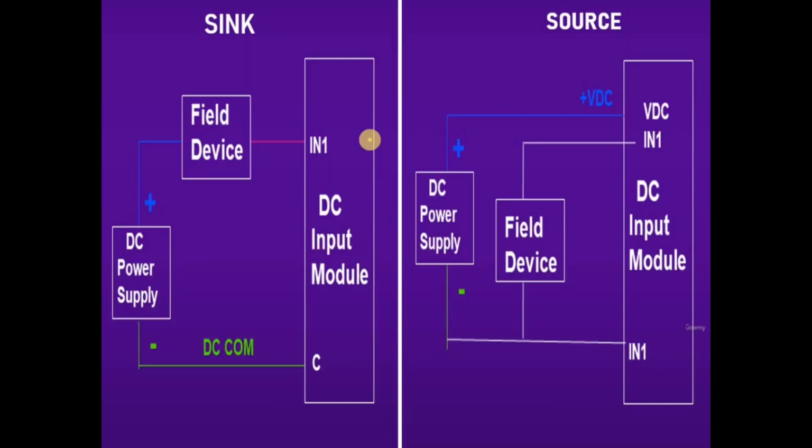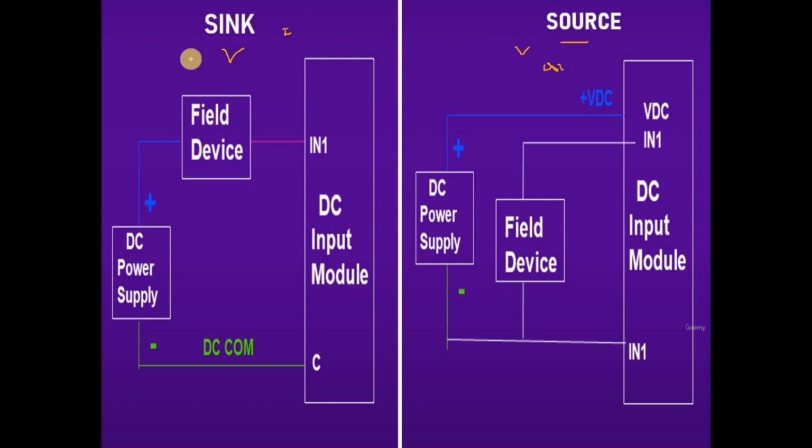Now we have discussed the sink source field input output devices. Now coming to the last type of sink and source. This is related to the cards only, the sink type card and source type card. Most of the input cards are available in sink form, and most of the output cards are available in source type.